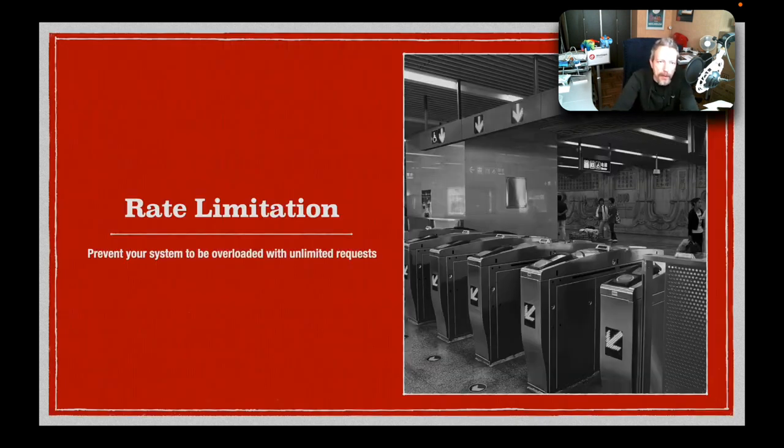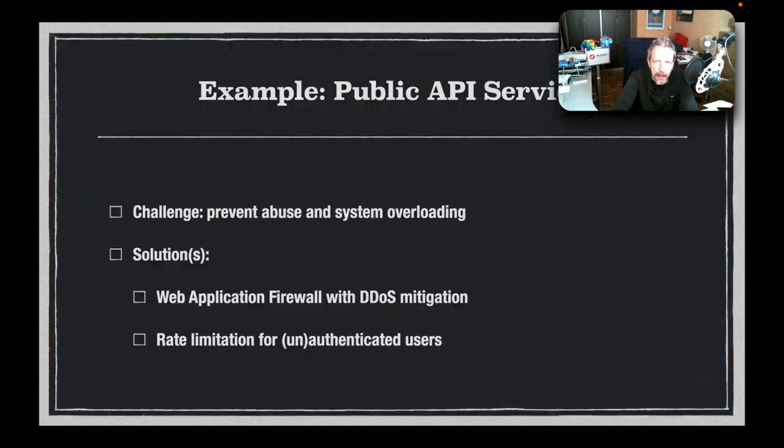Another issue that people are facing is, hey, how can I prevent people from abusing my system? Well, it's part of an approach that you want to take into consideration when you want to secure your APIs.